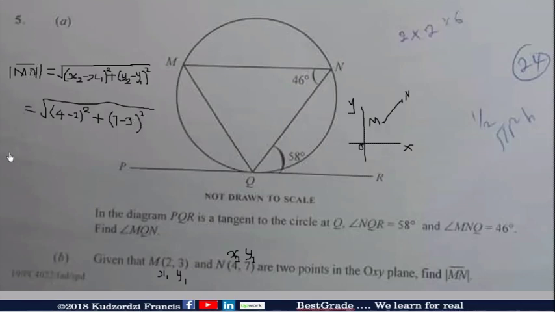So the magnitude of line segment MN, or the modulus, or the length, is equal to the square root of 4 minus 2, which is 2 squared, then 7 minus 3, which is 4 squared.